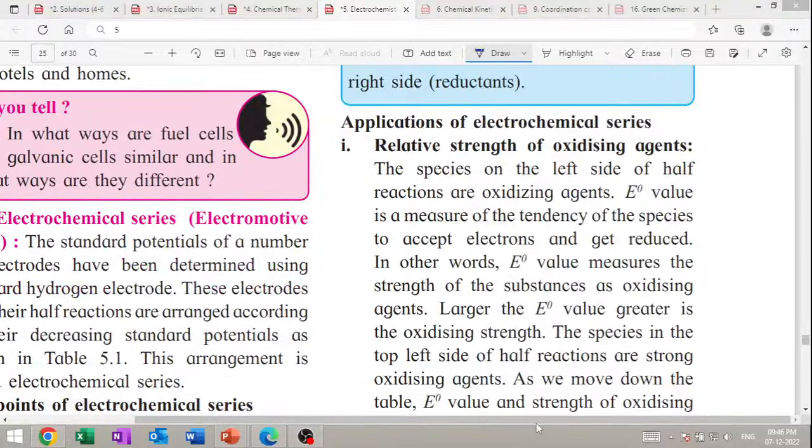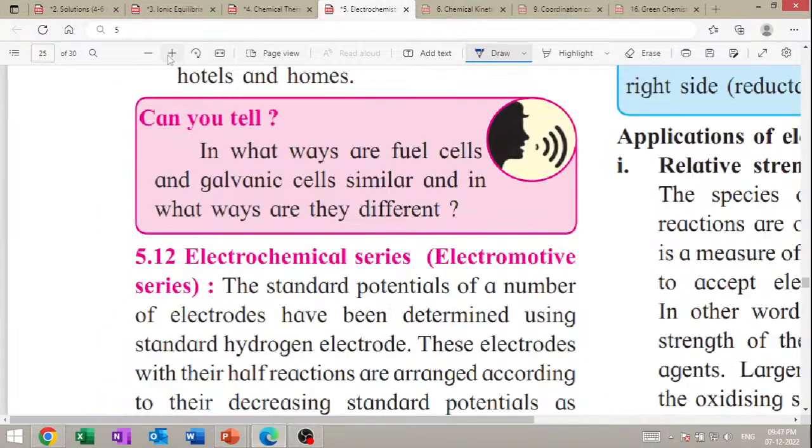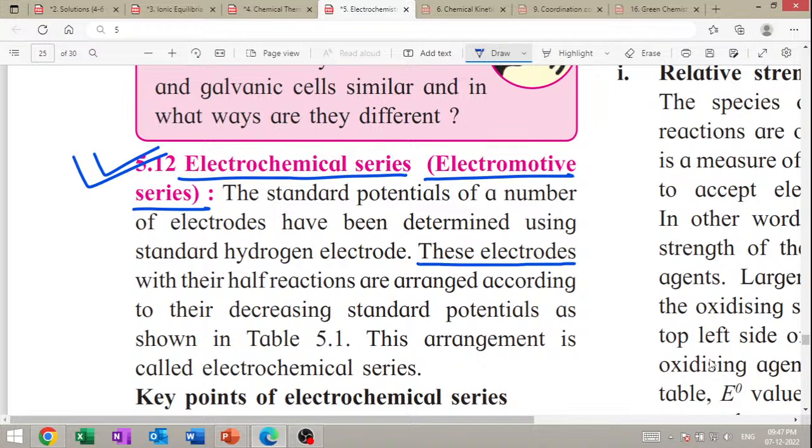Yes, this is the electrochemical series, also called the electromotive series. Then what is that series? The electrodes with their half reactions are arranged according to their decreasing standard reduction potentials.